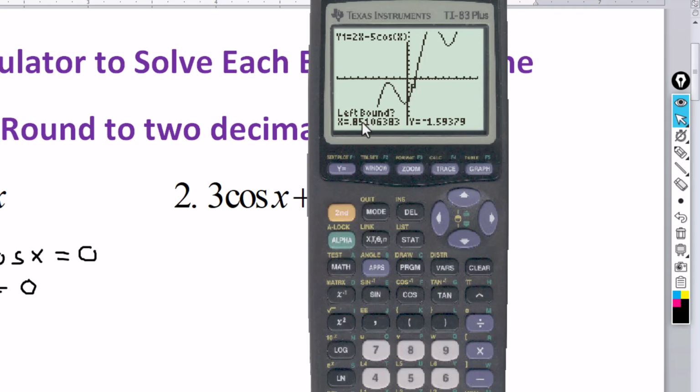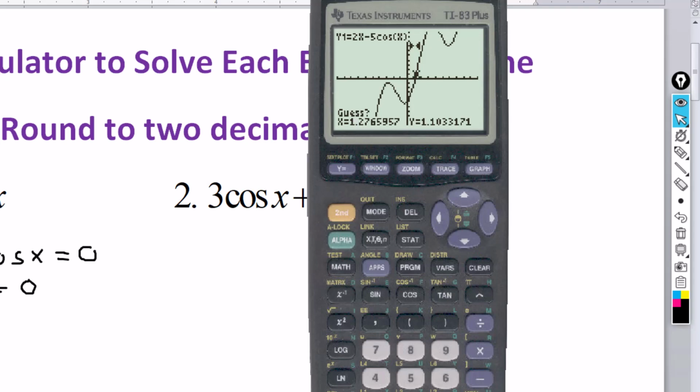And notice at the bottom left, it's asking for a left bound. So hit enter there. Now it wants a right bound. So what you have to do is get the cursor past that point, and then hit enter. Now at the lower left, it says it wants a guess.